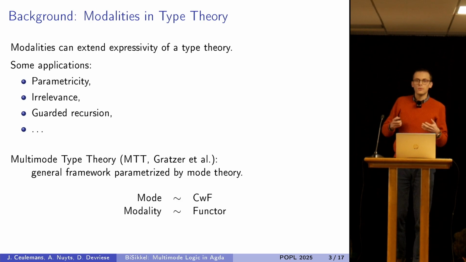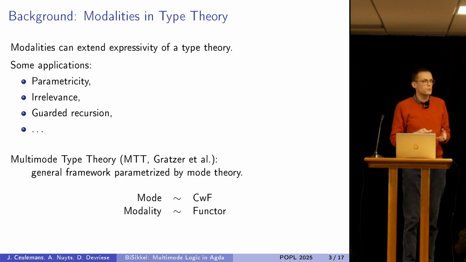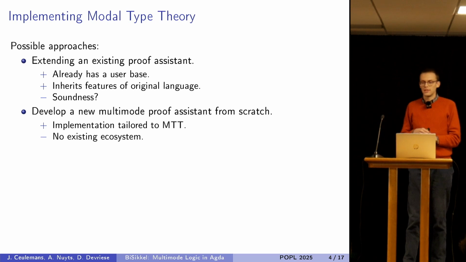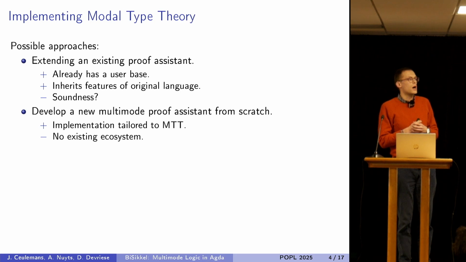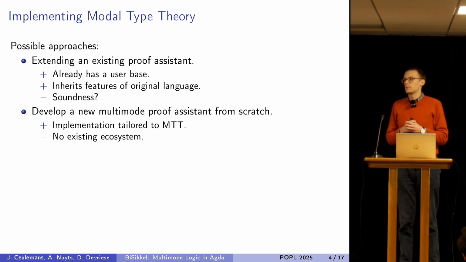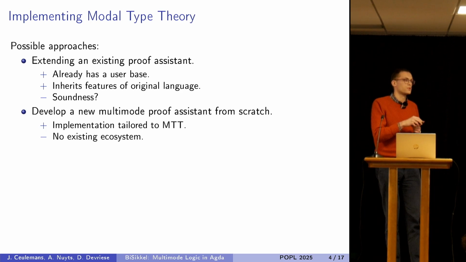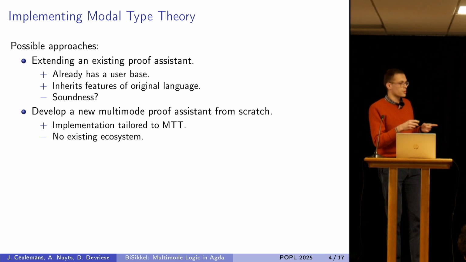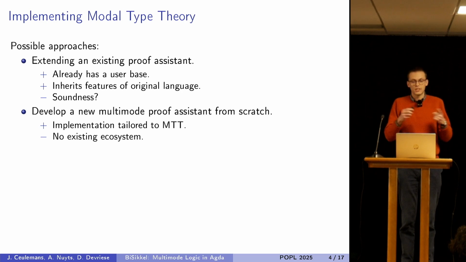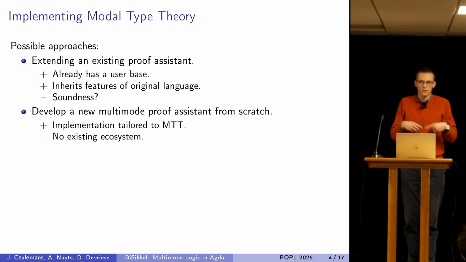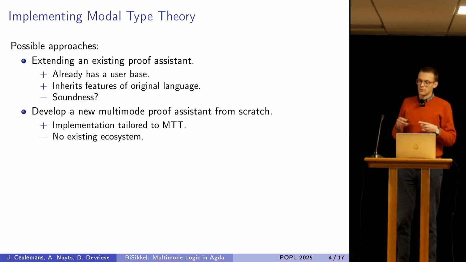Okay, but if we really want to work in MTT, if we really want to write programs and proofs in it, we need an implementation. And at first sight, there are two possible approaches for obtaining an implementation of MTT. Either we could extend an existing proof assistant and add support for modalities to it. The advantage of this is that such an existing proof assistant already has a user base, already has some interesting features that we can use to write programs.